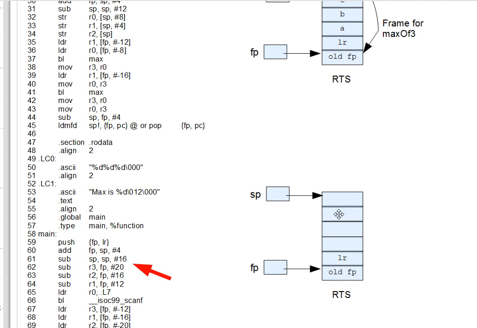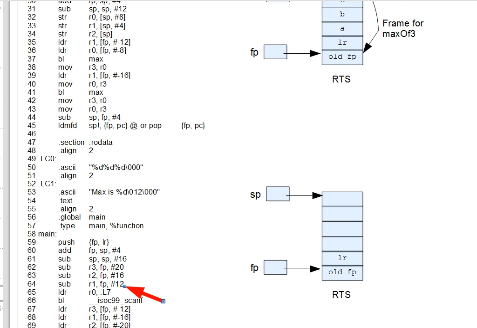Okay, so now what do lines 62 through 64 do? Note that they precede the scanf call. That's important. So can you deduce from them what variables are stored in what order in the stack frame?